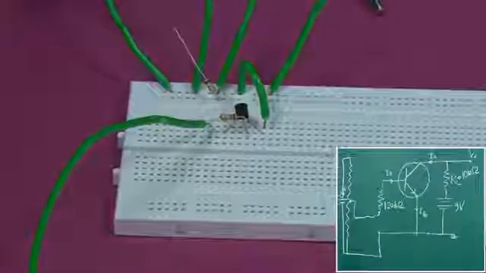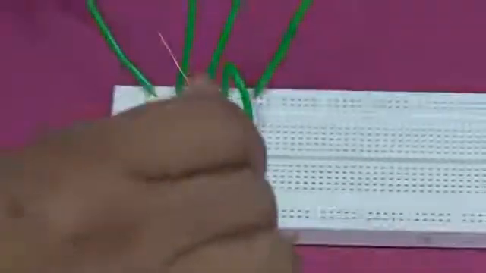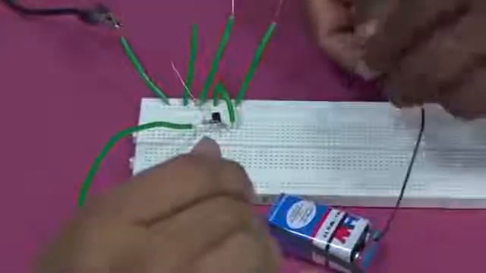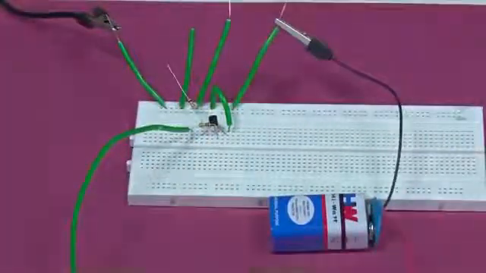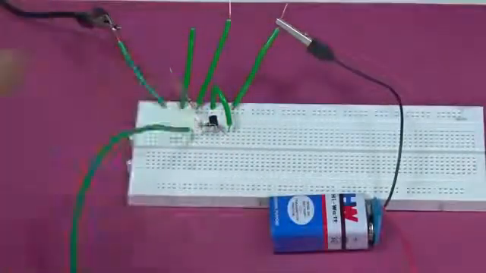So, let us make a 9 volt battery line. Where is the battery? Keep that 9 volt battery here. The negative of the battery should be connected to the ground, and the positive of the battery you can connect somewhere, say here, you put a line.